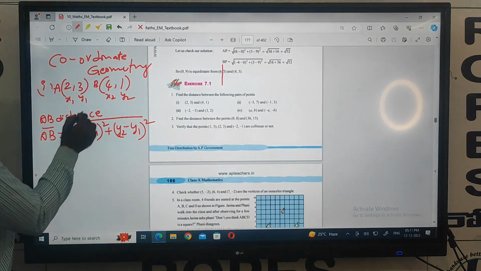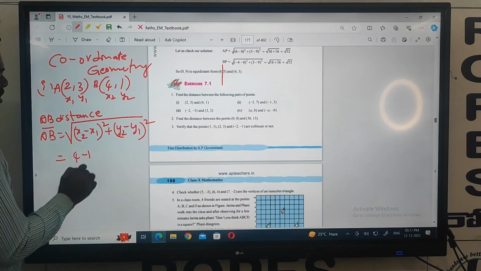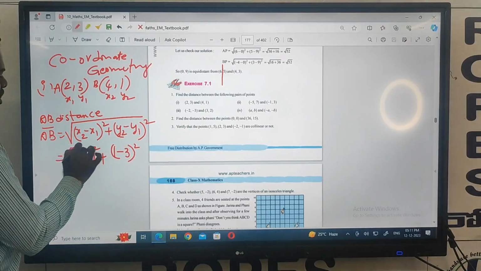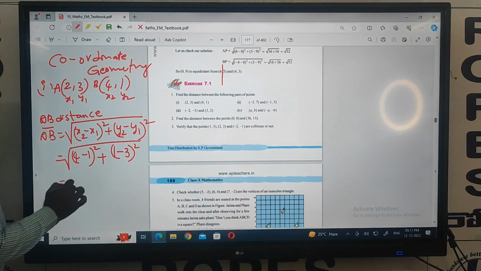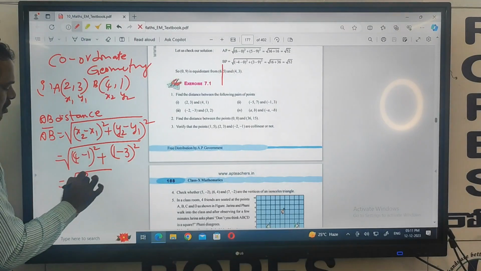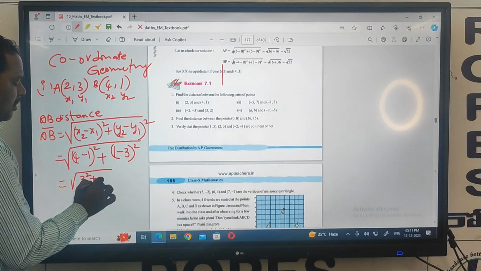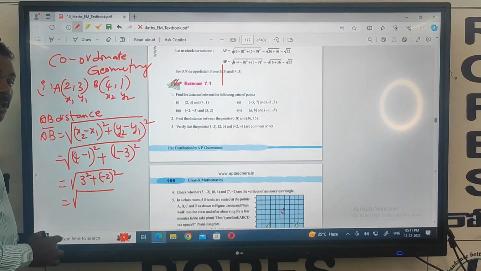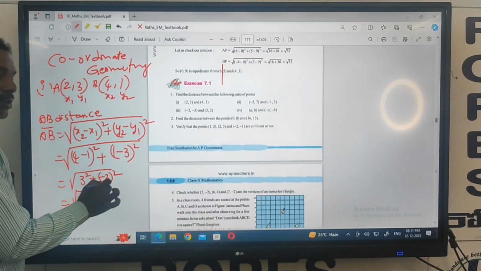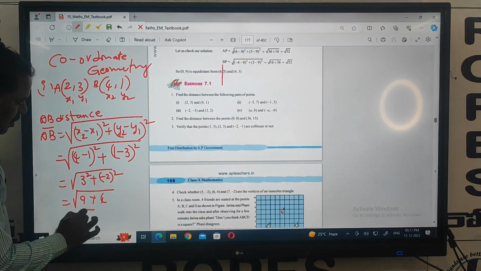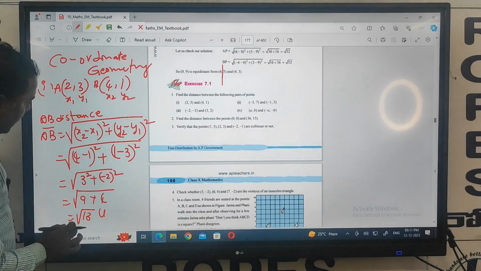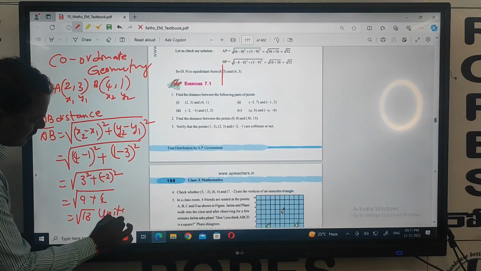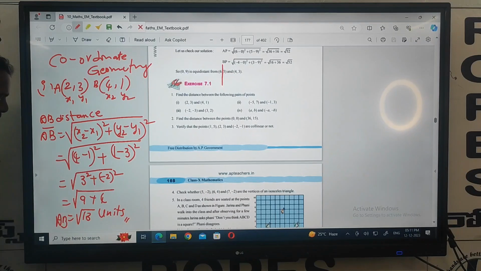This is the formula. So 4 minus 2 whole square plus 1 minus 3 whole square, under the square root: 2 square is 4, minus 2 square is 4. That is equal to root 8 units. This is the distance between A and B.